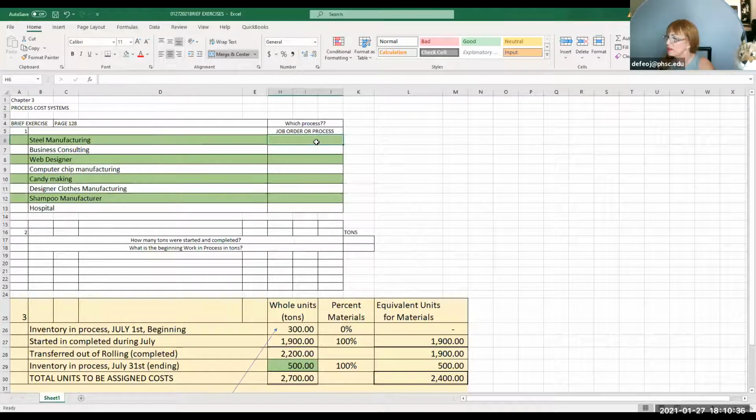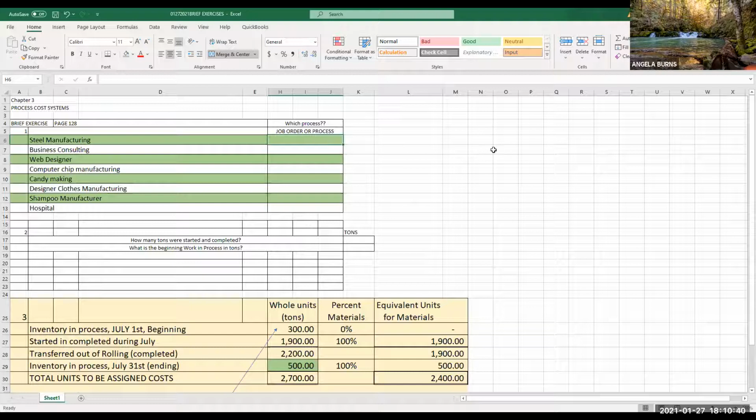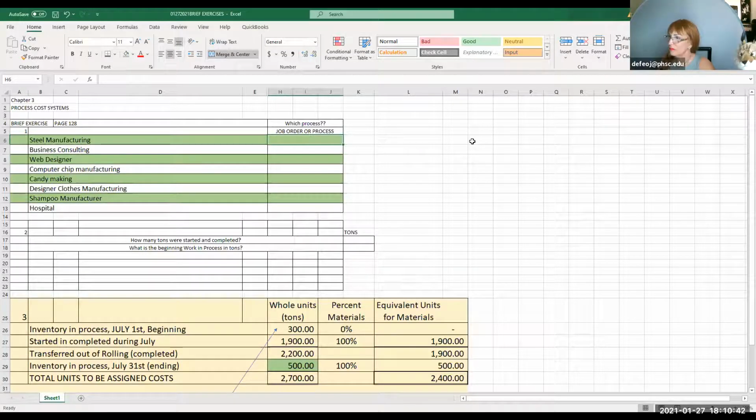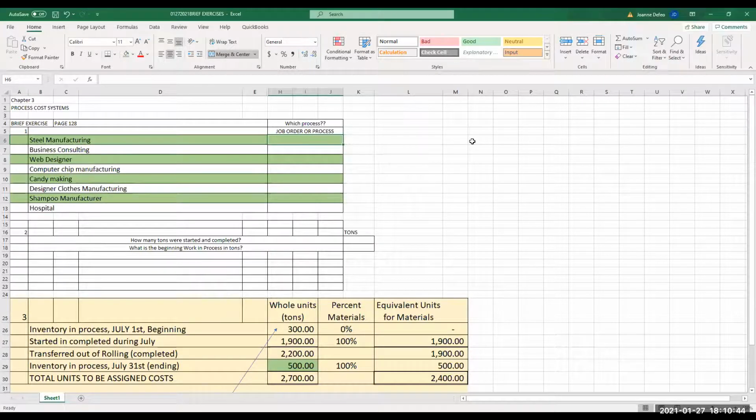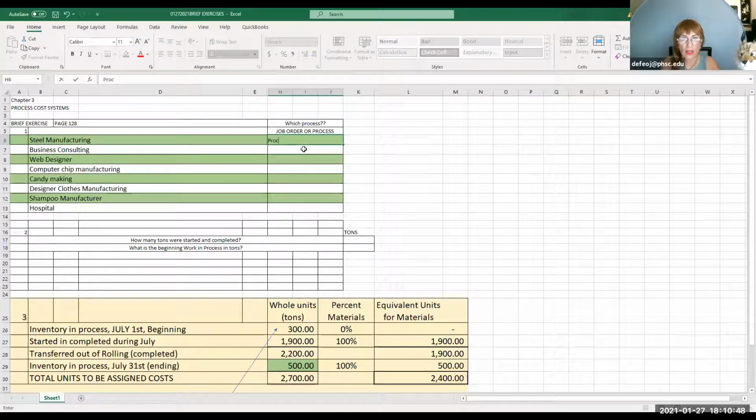It's not unique. It's indistinguishable. So Clay, what do you think it is? If it's not job order, it would be process, right? Yeah, very good. That's a good hypothesis there.